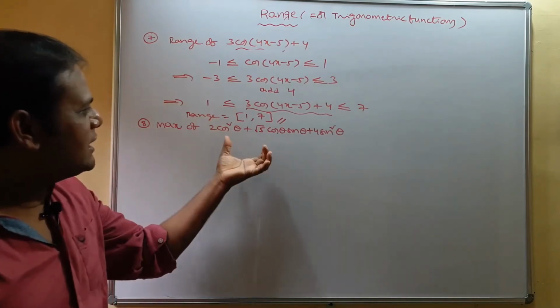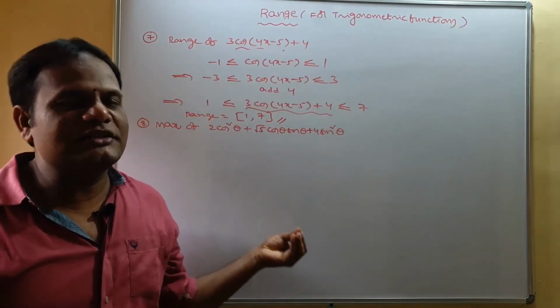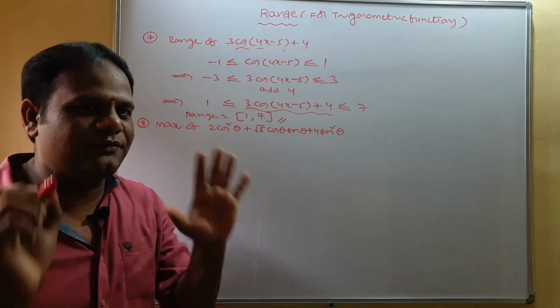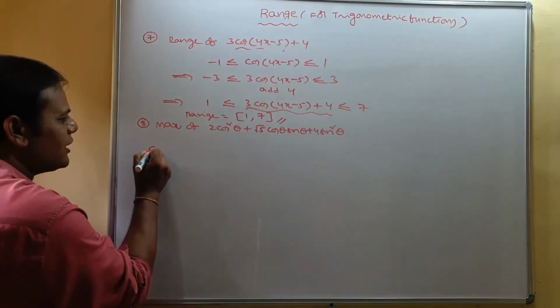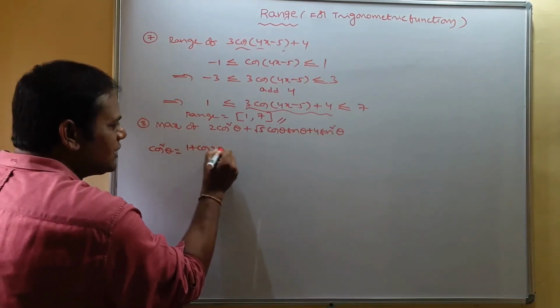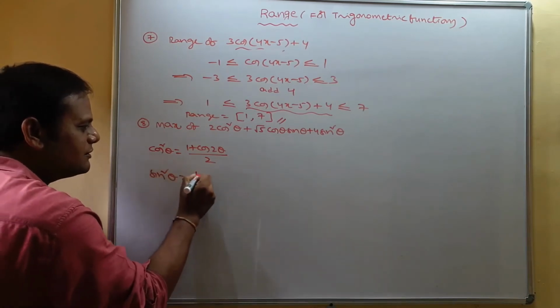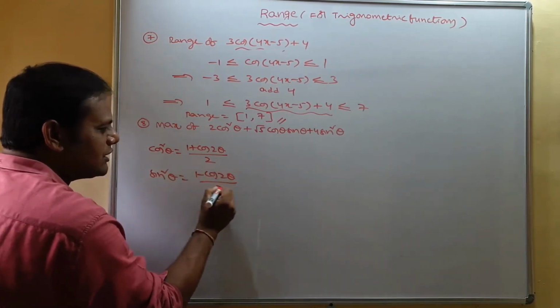Coming to this function, you have to find the maximum of this. See, if it is like a cos x plus b sin x plus c, then we can write what is minimum and what is maximum. Listen carefully. We have the formula cos square theta, that is 1 plus cos 2 theta by 2. And also the formula for sin square theta, that is 1 minus cos 2 theta by 2.